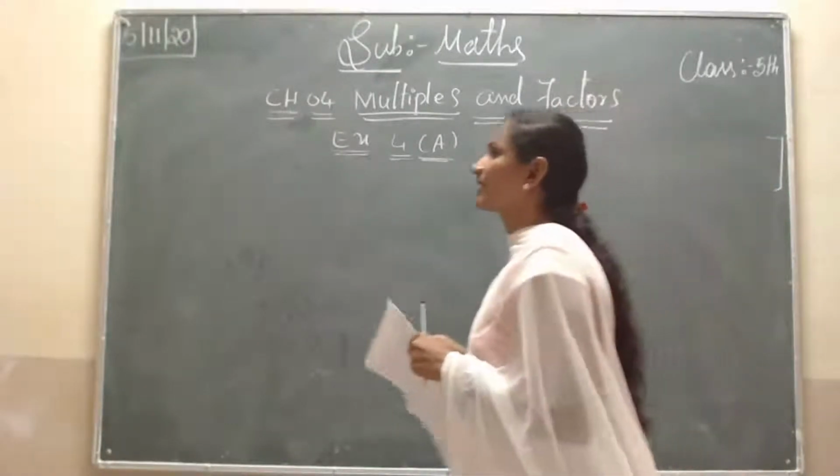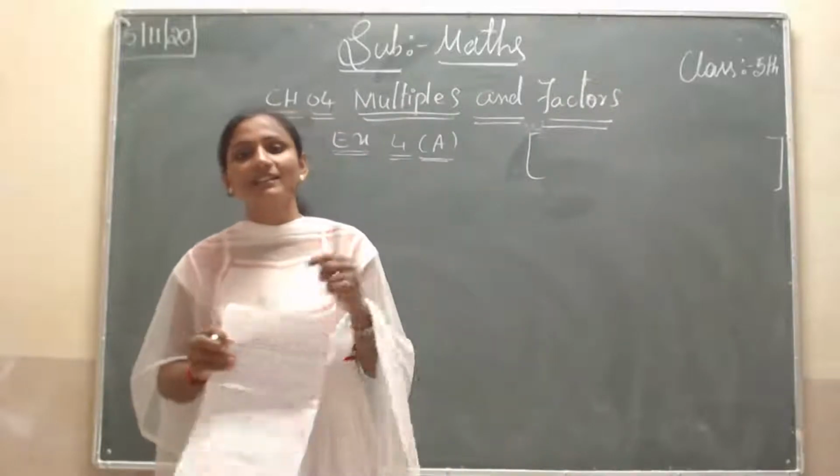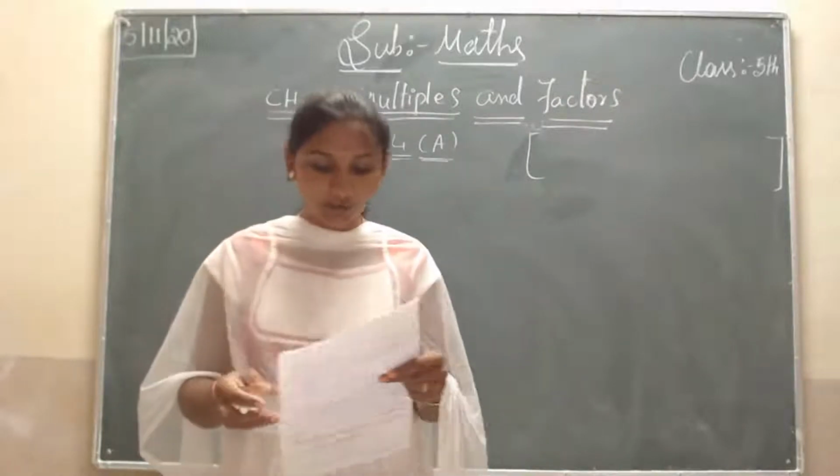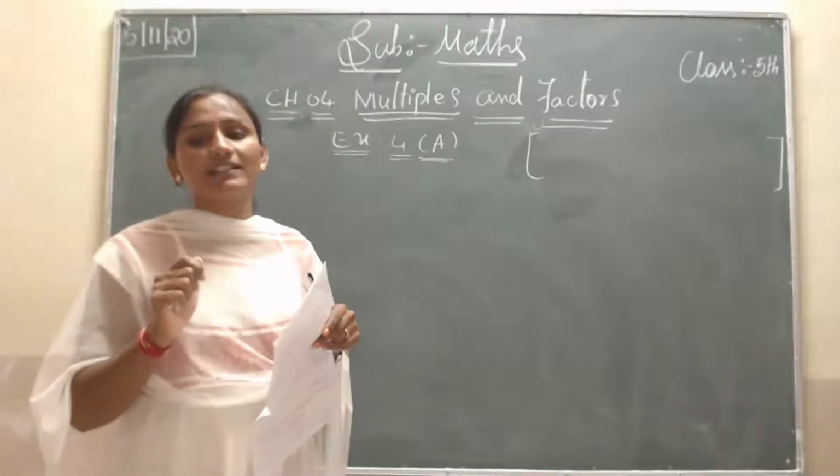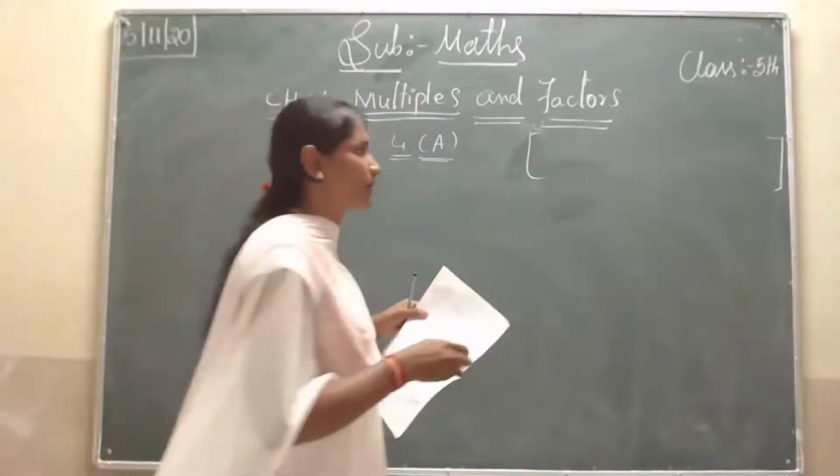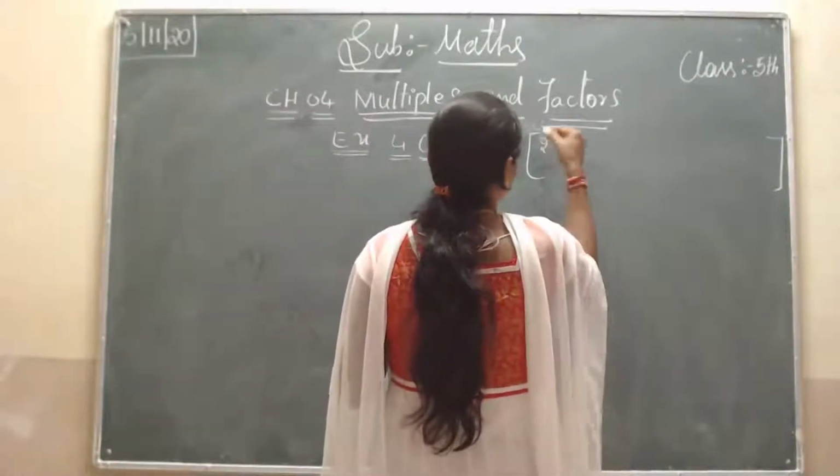Students, you know that 1 is not a prime number, as I told you yesterday, because the smallest prime number is 2.